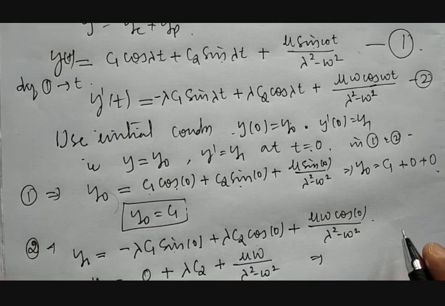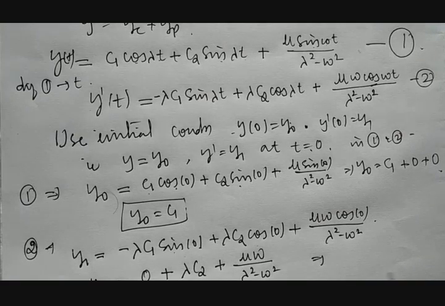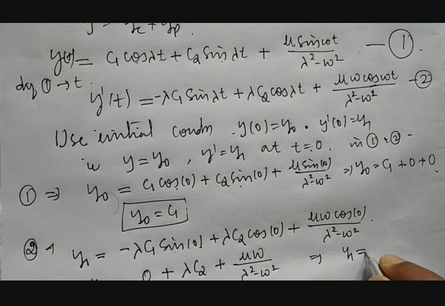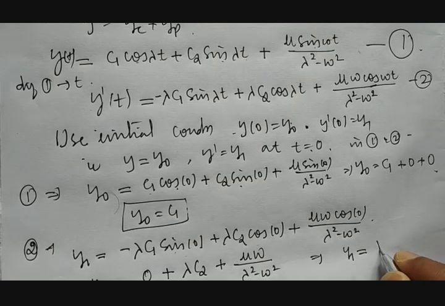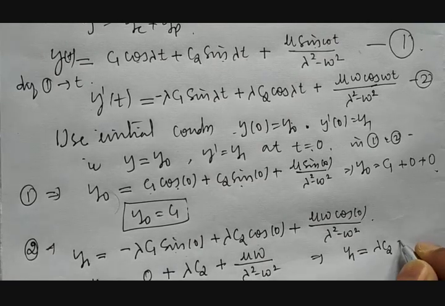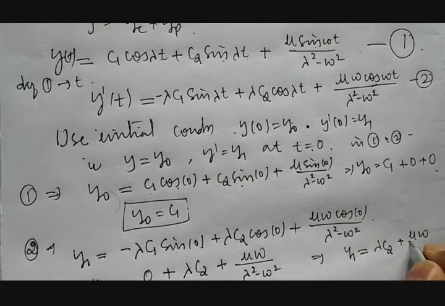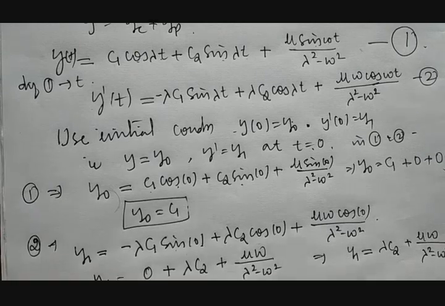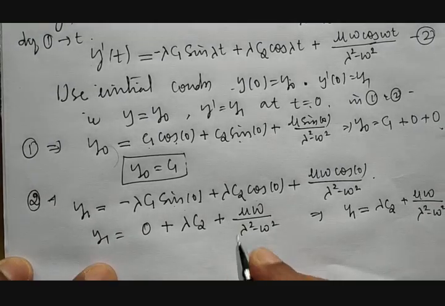Therefore if you calculate this properly, it becomes y1 is equal to lambda into C2 plus mu omega divided by lambda square minus omega square. But we need the value of C2. What is C2?